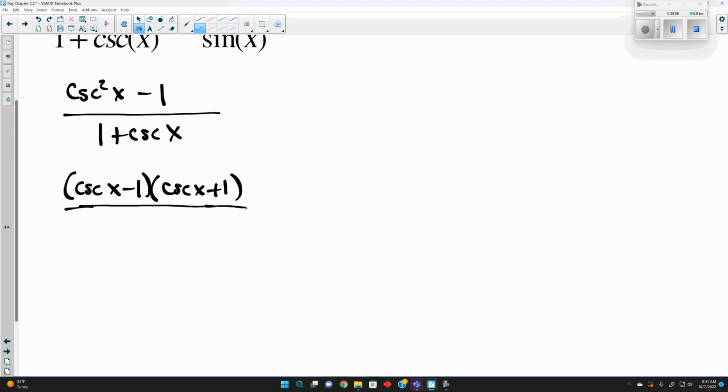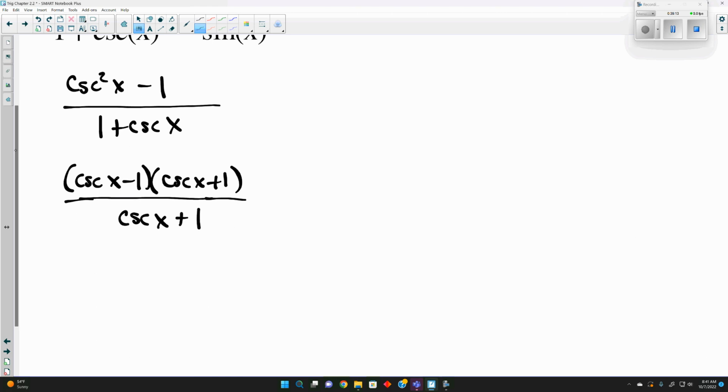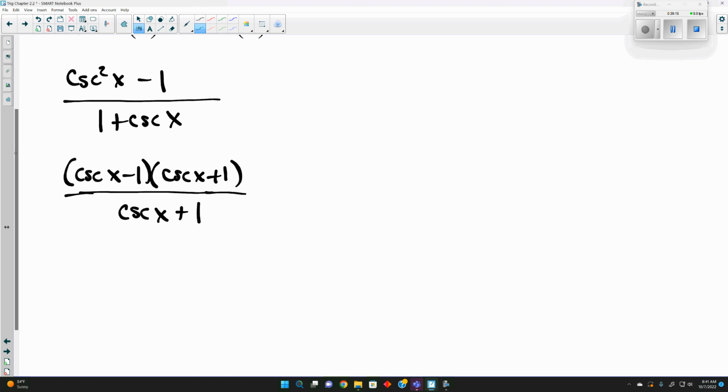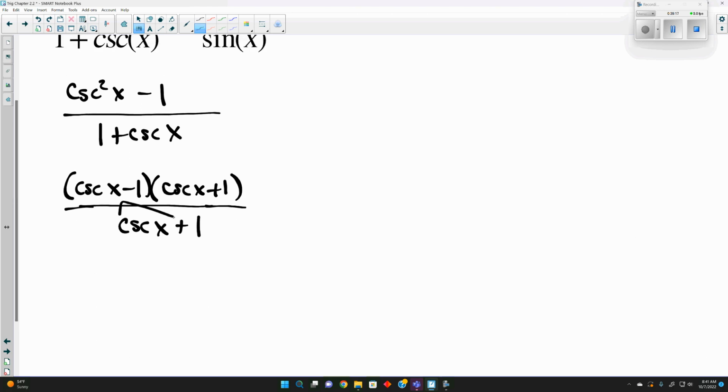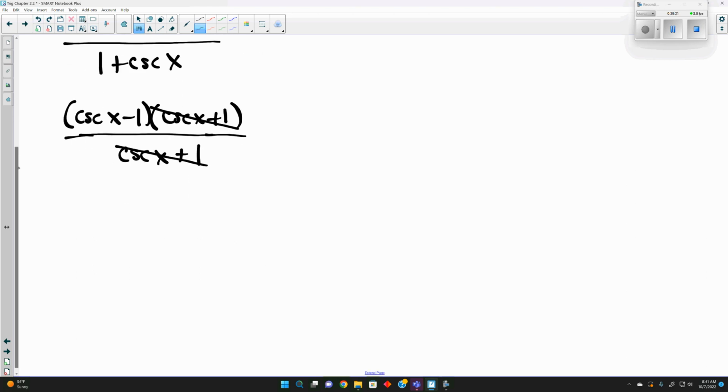And the denominator we could rewrite as cosecant of x plus 1. These two here will cancel, telling us that we have cosecant of x minus 1, yes?